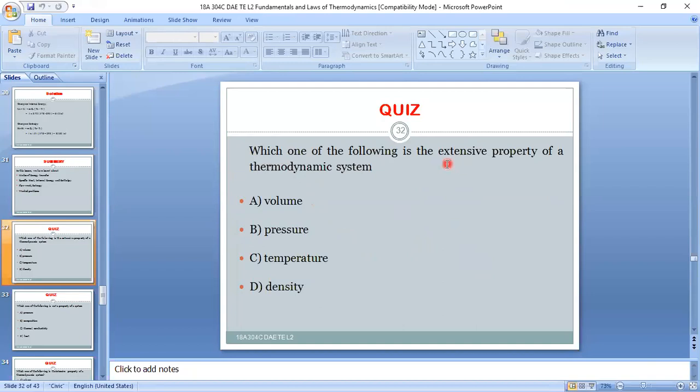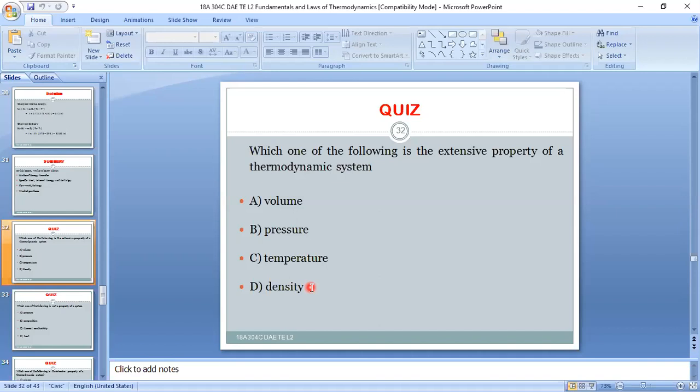Which one of the following is an extensive property of a thermodynamic system? Volume, pressure, temperature, density. Extensive property means it depends on the mass. So pressure is not, temperature also is not.